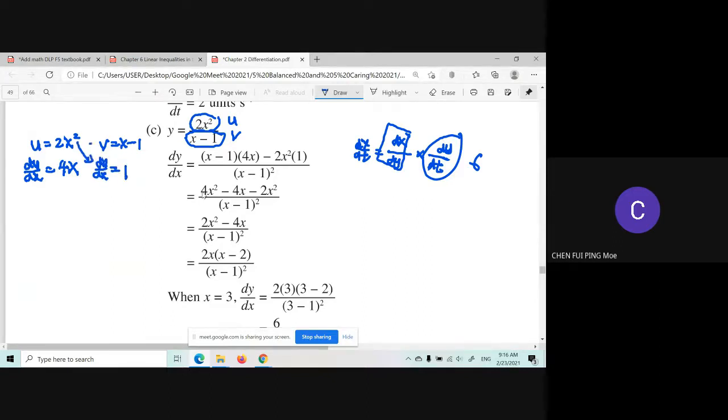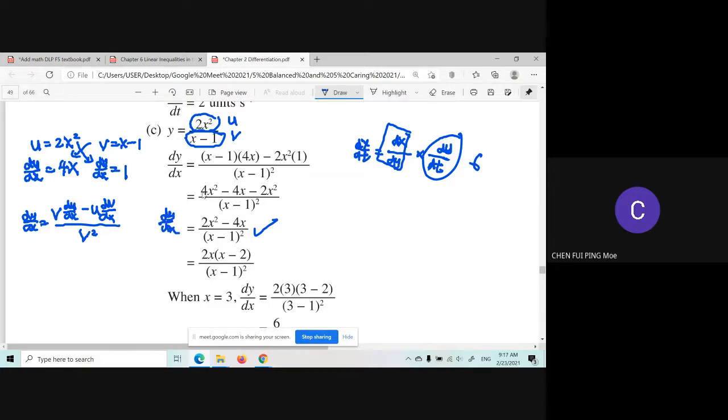The formula for dy/dx is v du/dx minus u dv/dx over v squared. Substitute, v is x minus 1, times 4x, minus 2x squared times 1, over v squared. Expand, simplify, getting this. This is your dy/dx.